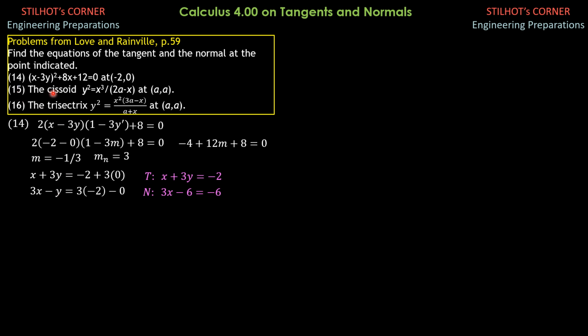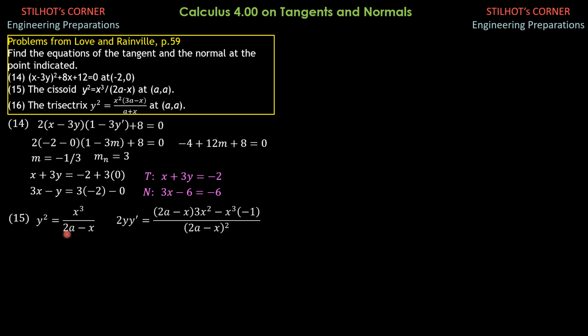For problem 15, we are given the cissoid y^2 = x^3/(2a - x) at (a, a). The left side is 2yy', and the right side is the derivative of a fraction: denominator times derivative of numerator, minus numerator times derivative of denominator, all over denominator squared.